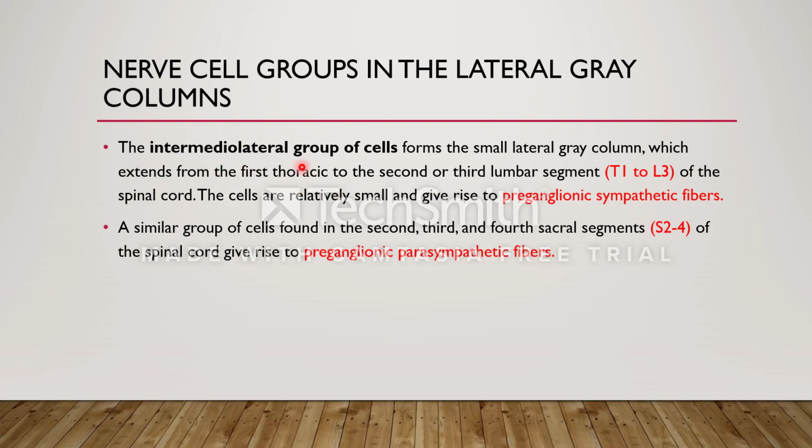But this intermediolateral group of cells is also present in the second, third and fourth sacral segments, S2 to S4, where its function is preganglionic parasympathetic fibers. So what you have to learn is that the intermediolateral group of cells is present in T1 to L3 for sympathetic fibers and S2 to S4 for parasympathetic fibers.